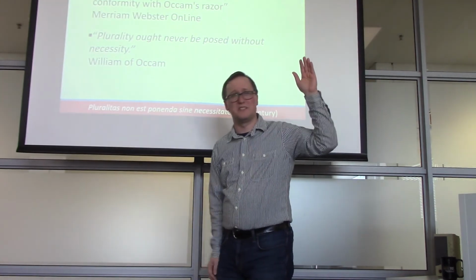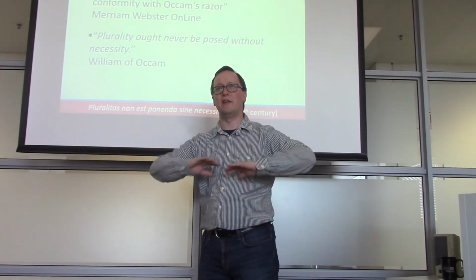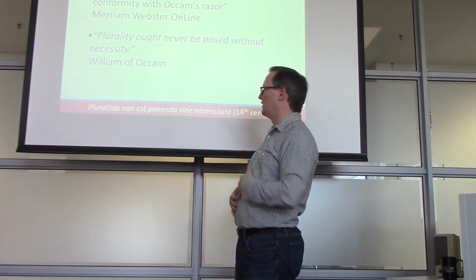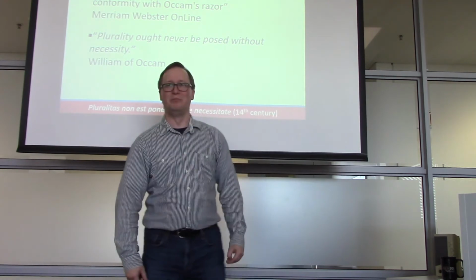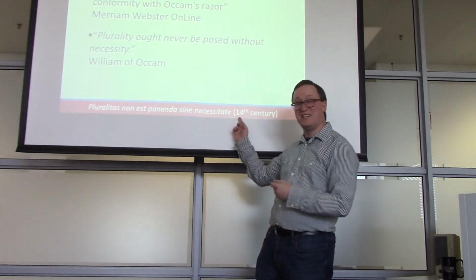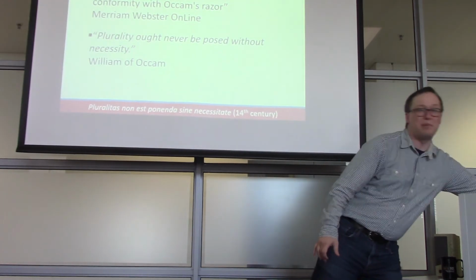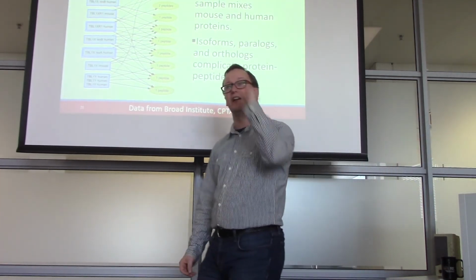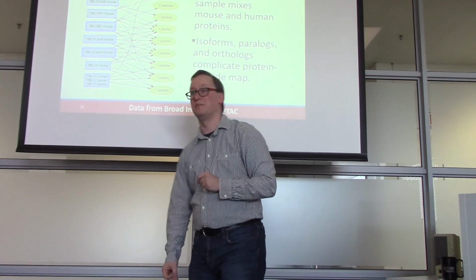Did anyone study Latin along the way? I'm just going to wreck every Latin scholar's ear here. Pluralitas non est ponenda sine necessitate. Okay, so this concept from the 14th century still applies in science today. We want to be parsimonious, ensuring that our explanation doesn't go any further than what the data actually support.